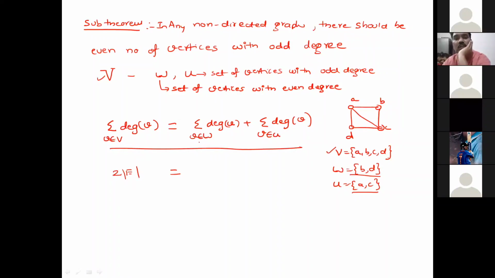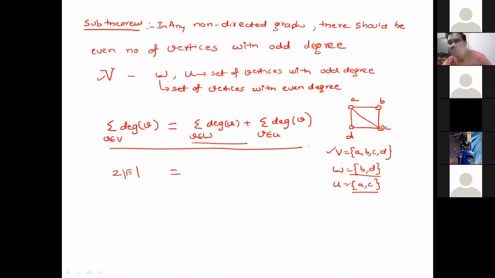Now tell me, W is what? Set of vertices with even degree. Am I right? Now tell me what this quantity could be. Will it be even or odd, or maybe both possibilities are there? W is a set of vertices with even degree.